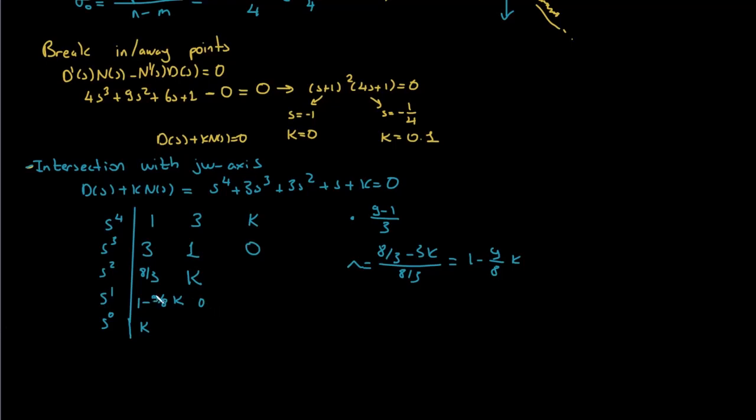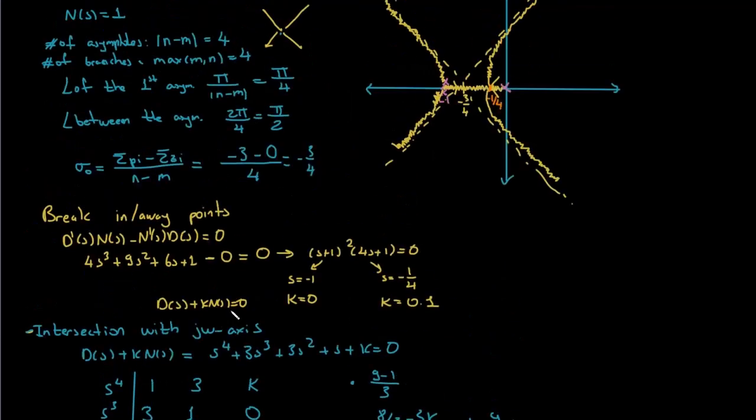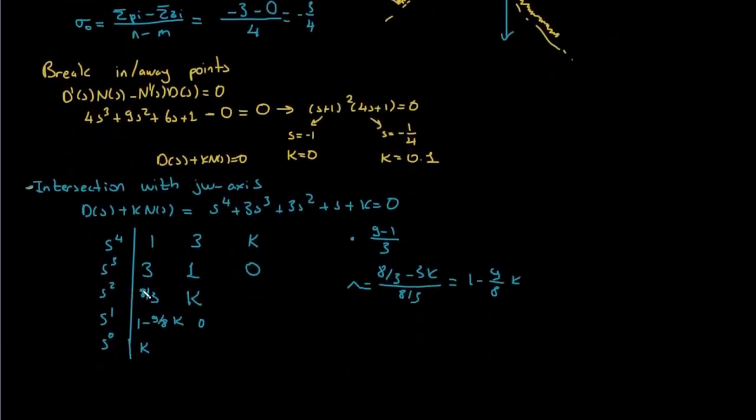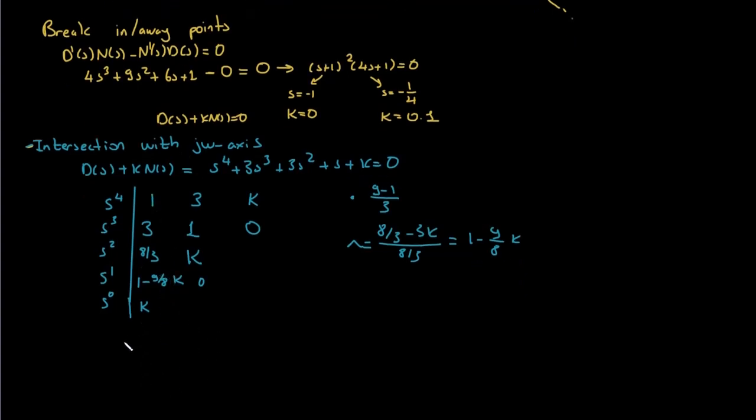Alright, and for stability, as you already know, I need to have all the elements in the first column of the Routh-Hurwitz array to be positive, and I can see the system is stable when k is between 0 and 8 over 9, right? So for k values between 0 and 8 over 9, the system is stable.